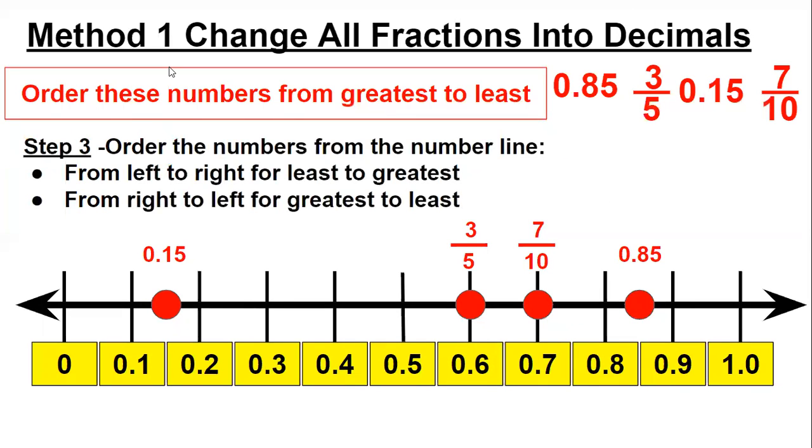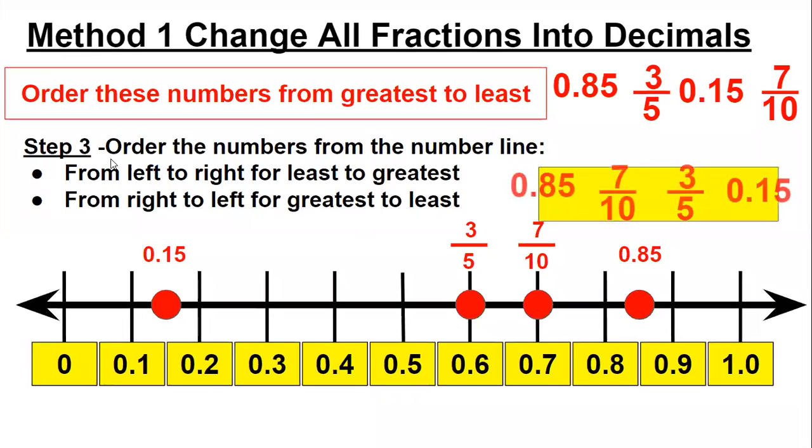So we're going to follow the rule that shows us from right to left for greatest to least. So the biggest number is this one. This is the next biggest, and this is the smallest. So let's put those in order. There they are: 0.85, 7/10, 3/5, and 0.15. That's method 1. If you like that method better, use that one.